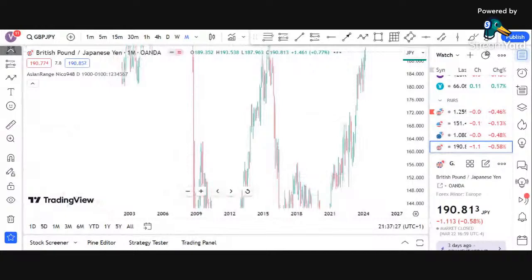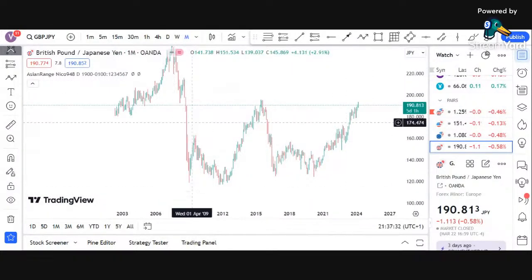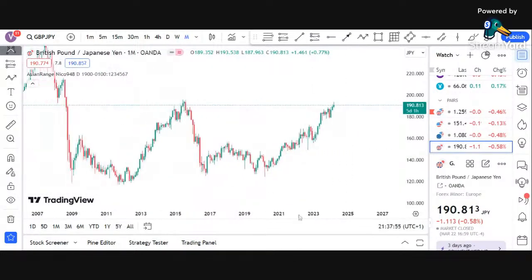So this is it. This is the monthly time frame.